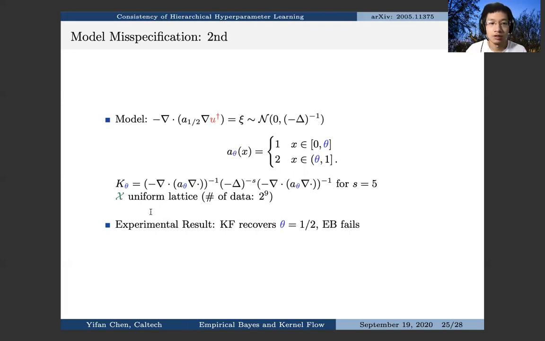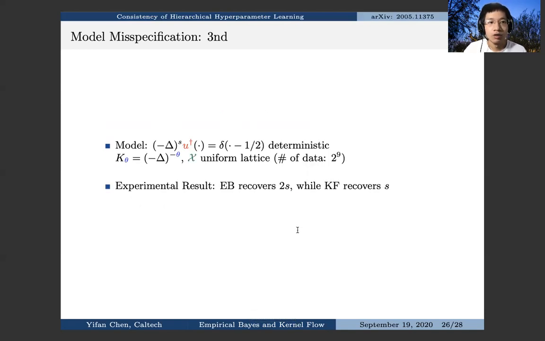In this case, if we solve the EB and KF estimators, we find that KF still recovers theta equal to 1/2, but EB fails to give a meaningful limit. This means that under model misspecification, kernel flow has better robustness compared to EB, because KF still succeeds in learning the discontinuity points, but EB doesn't.